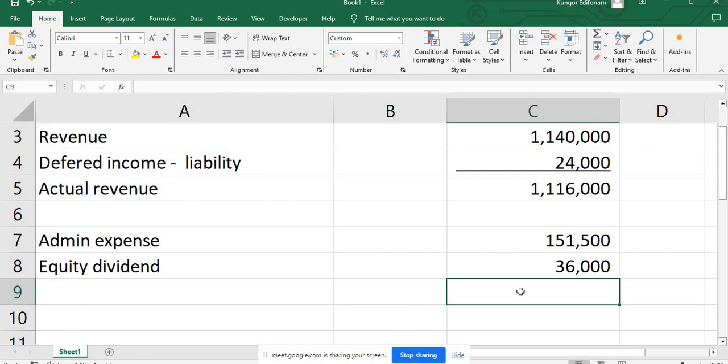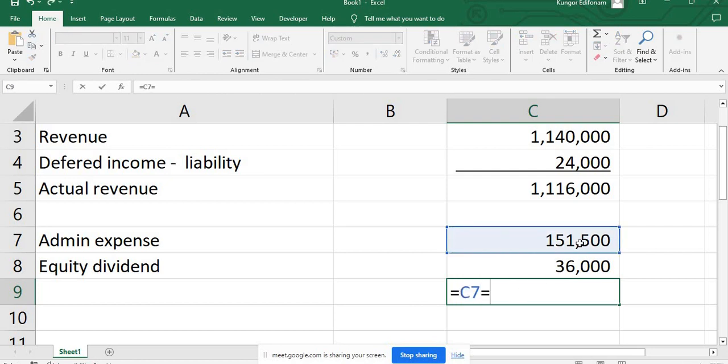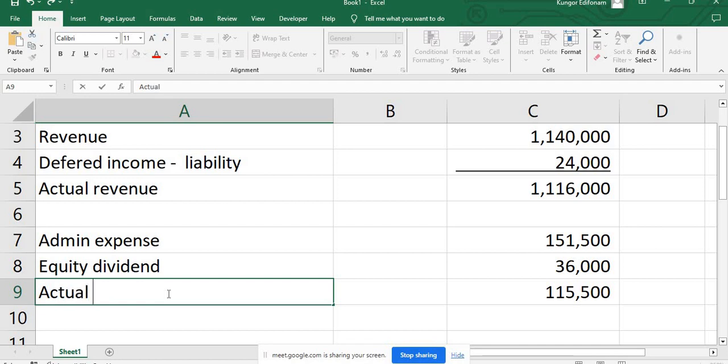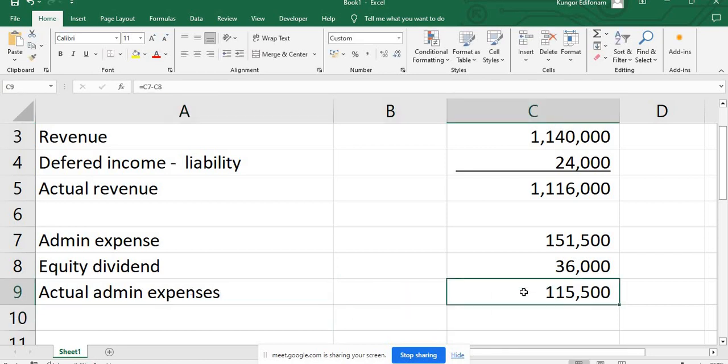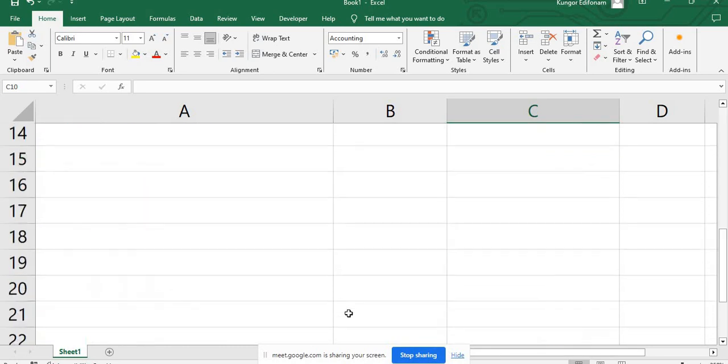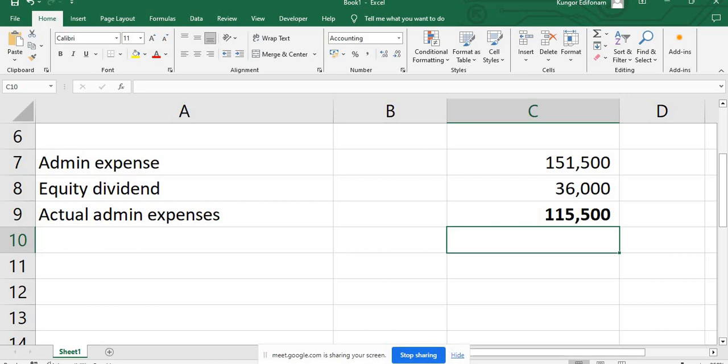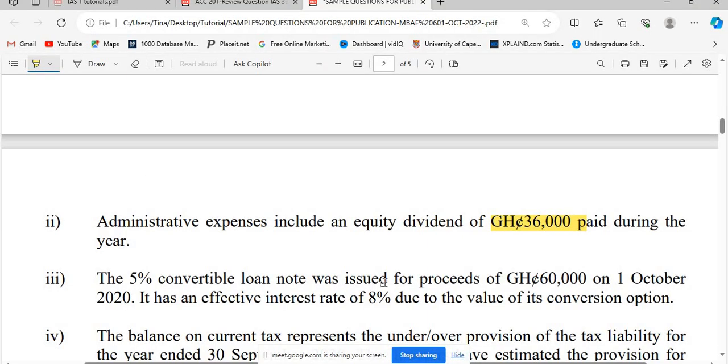So we have this, so this will be the actual admin expense. I hope it's simple. Okay. Can we move on? So let's take note of each transaction we are adjusting. Alright. Now the next thing.